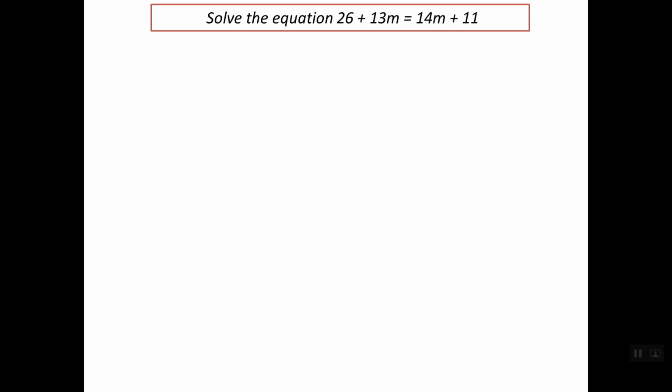Let's solve this equation. We have the linear equation 26 plus 13m equals 14m plus 11. As you see here, we have the variable m on the left and right of the equation, and the constants are, again, on both the left and right of the equation.